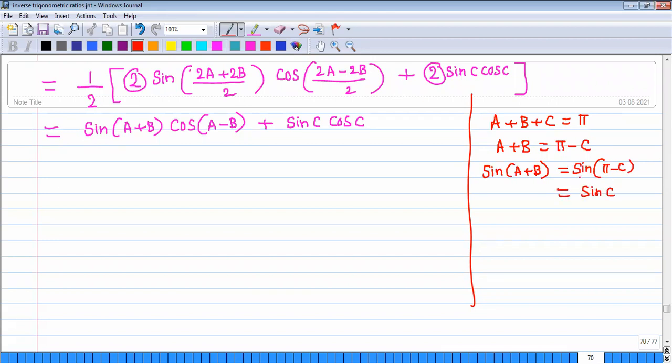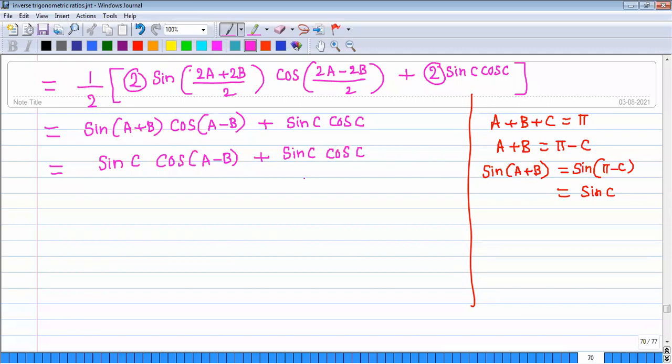Positive only, second quadrant sine is positive: all silver tea cups. So instead of sin of (a plus b), you can write sin c cos of (a minus b) plus sin c into cos c.